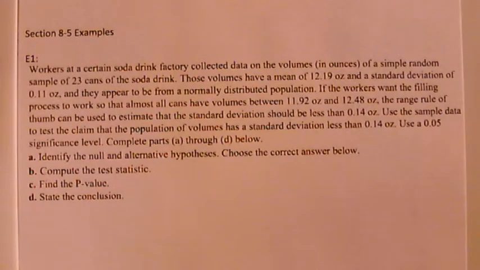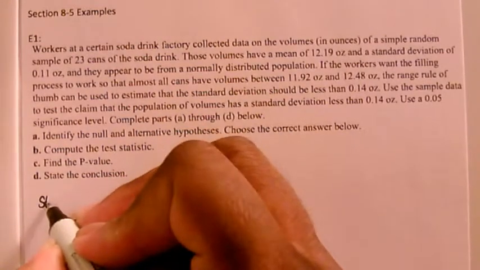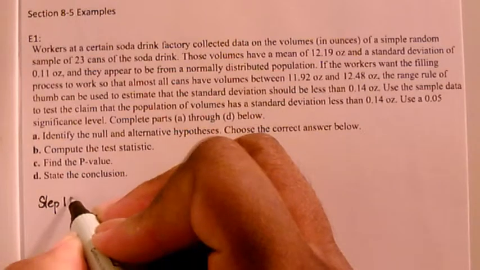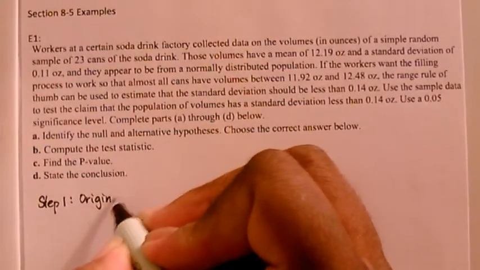But here, we're going to use the 8-step procedure, because if we use that 8-step procedure, we can answer the questions that are in this particular problem, A, B, C, and D. So in this case here, let's start off with step number 1. In step number 1, you're always going to state the original claim.